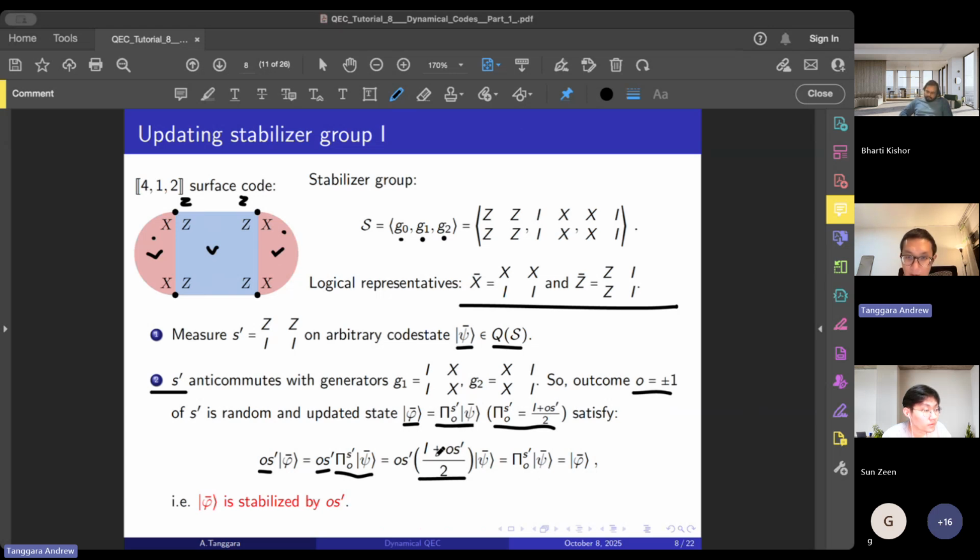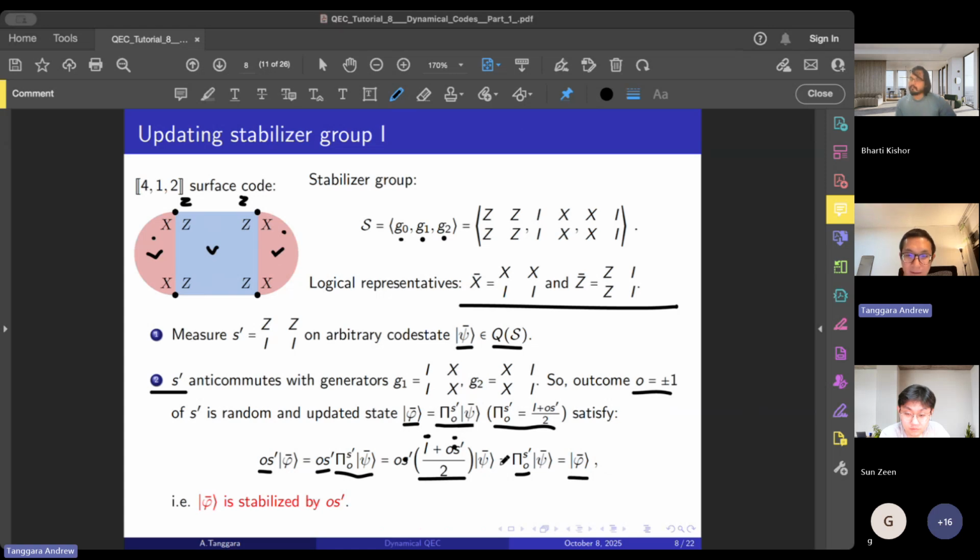And as you can see, these are just the same. This is just identity, and this guy is just the same thing, the same Pauli operator. So they commute, right? So I multiply this with that, and I'm gonna get the identity, and I multiply this with the identity, I'm gonna get OS prime, right? So that's just the projector.